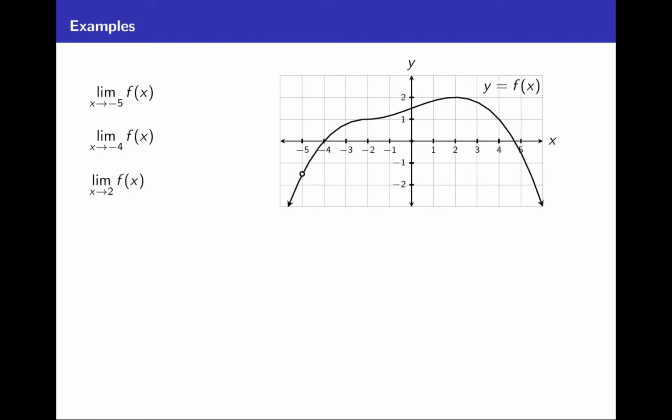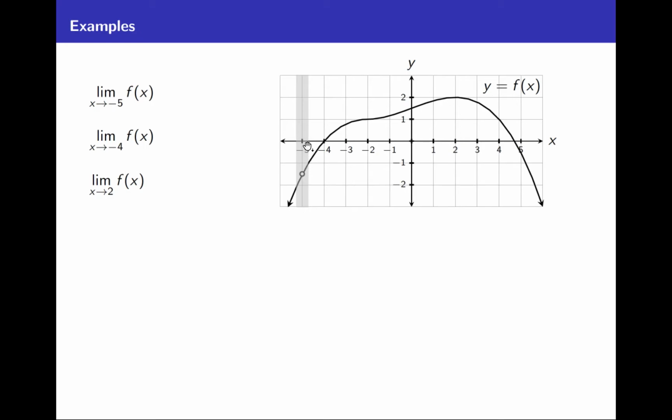More examples. Graphed is a function y equals f of x, and let's see if we can work out these limits. First of all, the limit as x approaches minus 5 of f of x. Well, here is minus 5, and let's look at this by taking a narrow strip through minus 5, and just looking at the graph around that narrow strip, which would be this little portion here.